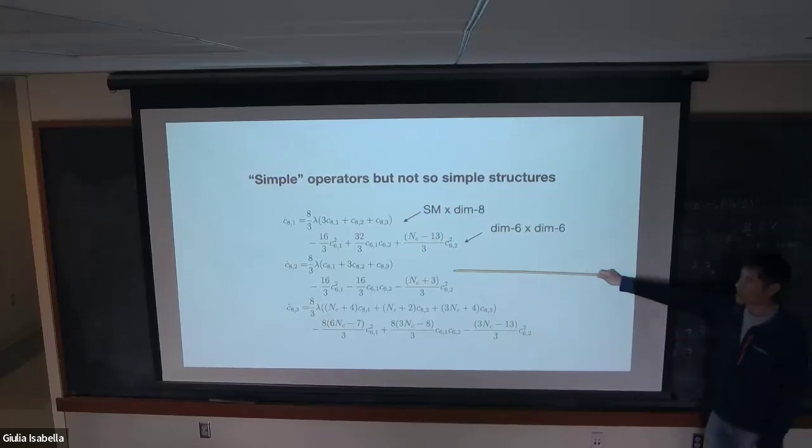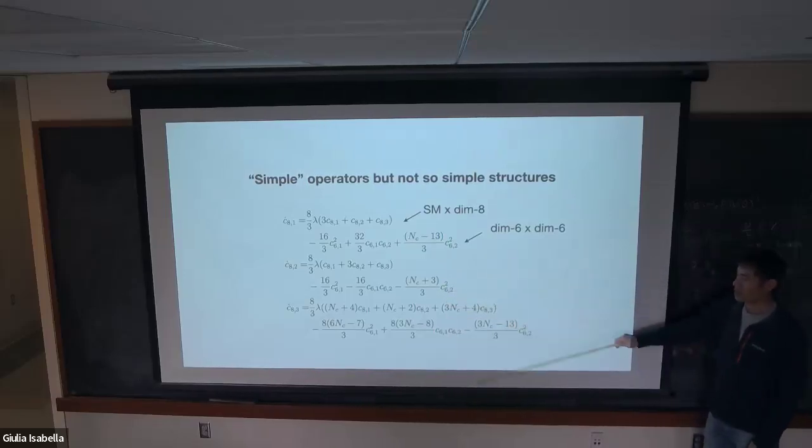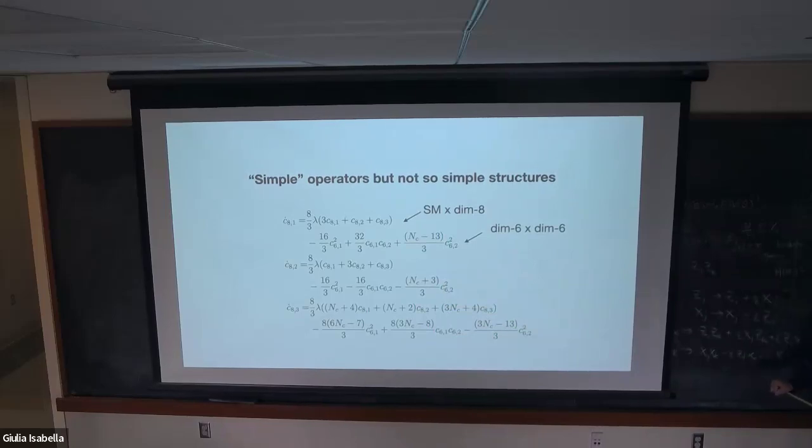And you can compute the RG equations one by one for each of them. Here I'm using a generic SU(N) group just to see the structure more manifestly. But the bottom line is that from these simple operators, you don't see very simple structures, at least not very obviously.